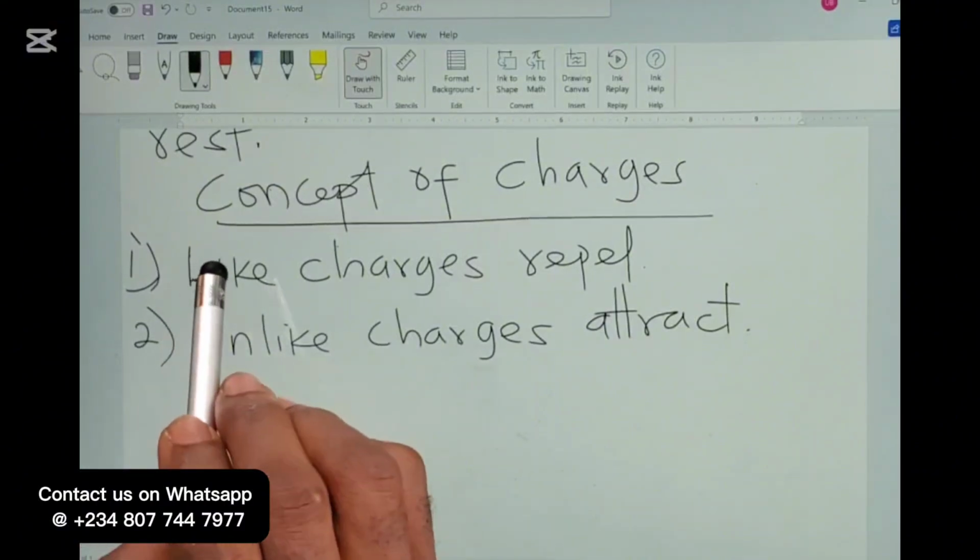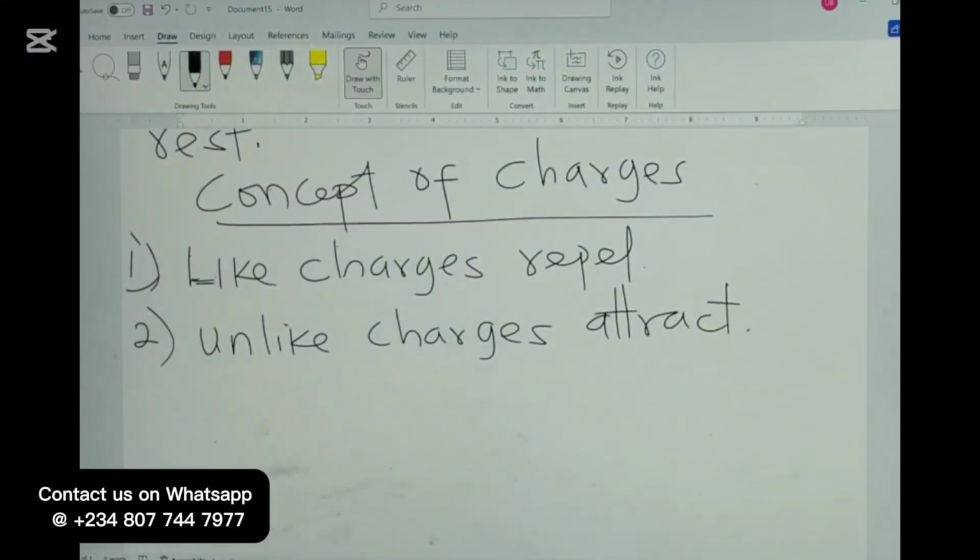But before we solve any question here, class, let's know what Coulomb's law is, because to calculate the force between two charges, there's a particular law needed, and that law is known as Coulomb's law.